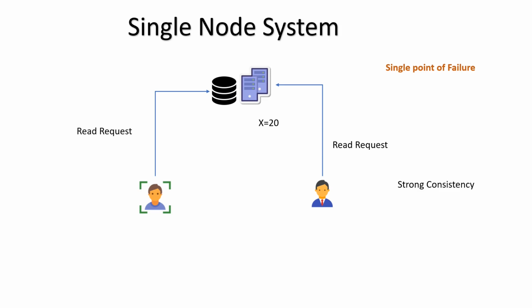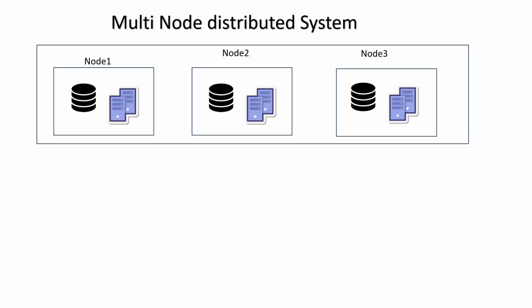To avoid that, we normally use a multi-node, distributed system. For example, here we have three nodes with the same kind of infrastructure and the same values of x. At this moment, all three nodes are synced up.